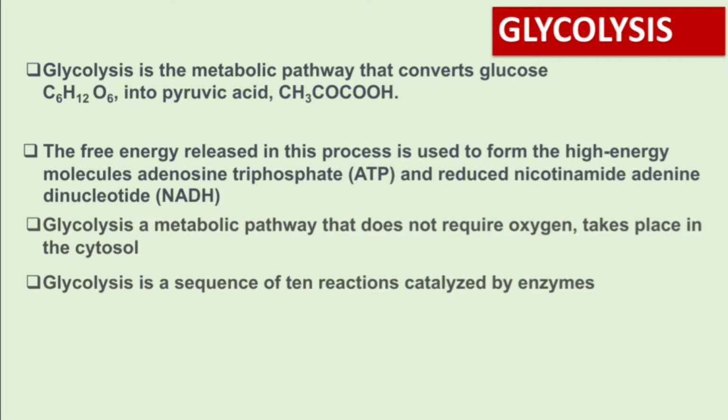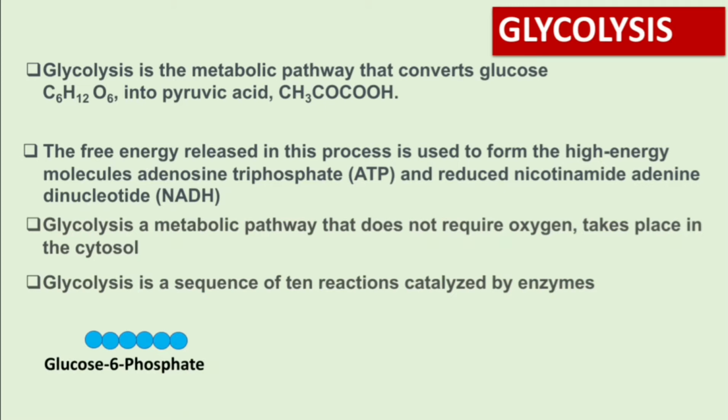So for simplicity, I'm going to employ a new presentation to show the intermediates of glycolysis. For example, if I want to represent glucose 6-phosphate, glucose is a 6-carbon molecule. So I'll put them this way: carbon 1, 2, 3, 4, 5, and 6.